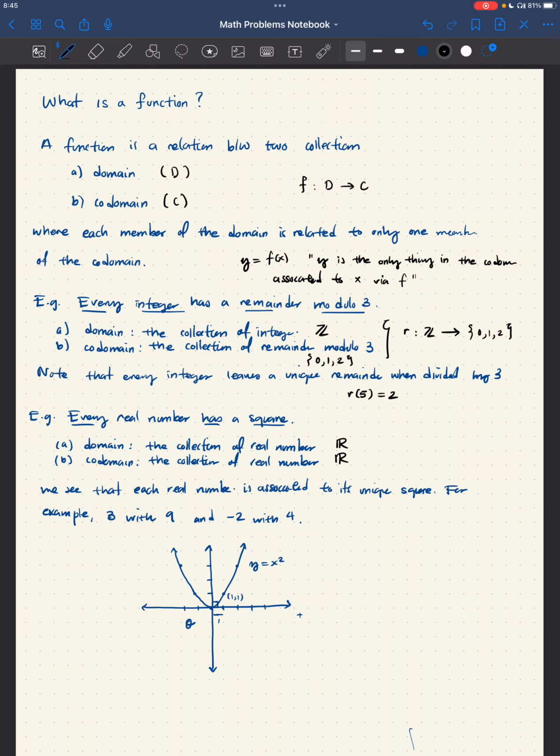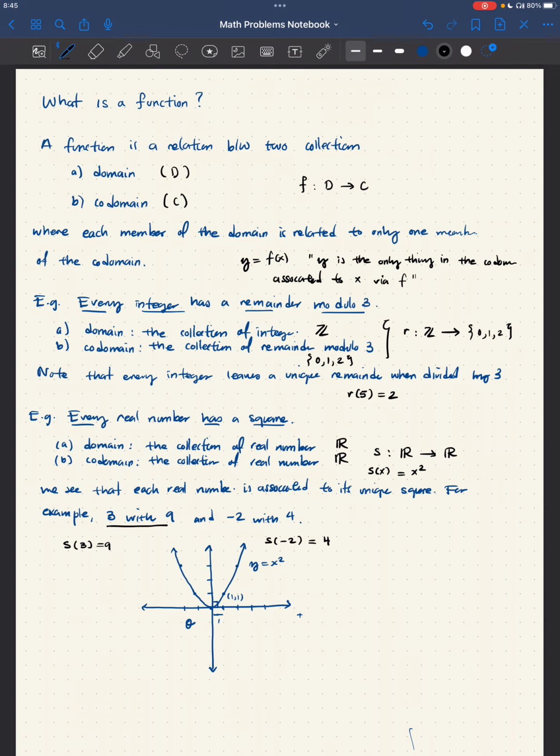So we would say the function that I'm going to call S, shorthand for square, is a function from the set of real numbers to the set of real numbers, where S of x is equal to x squared. So we can say that S of 3 is 9, and that S of negative 2 is 4.